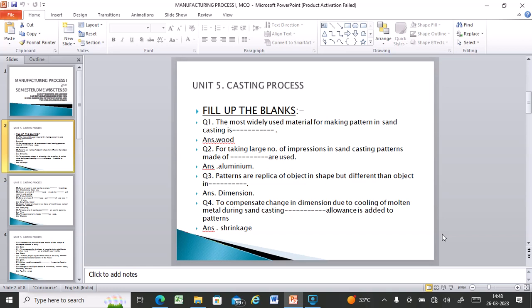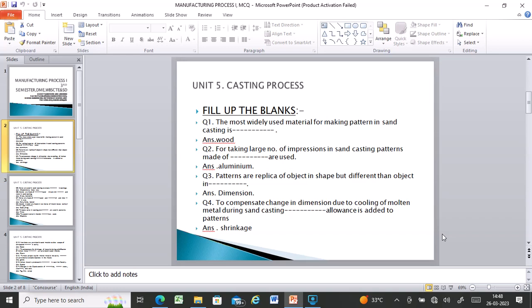The most widely used material for making patterns in sand casting is dash. Answer: wood. For taking a large number of impressions in sand casting, patterns made of dash are used. Answer: aluminium.